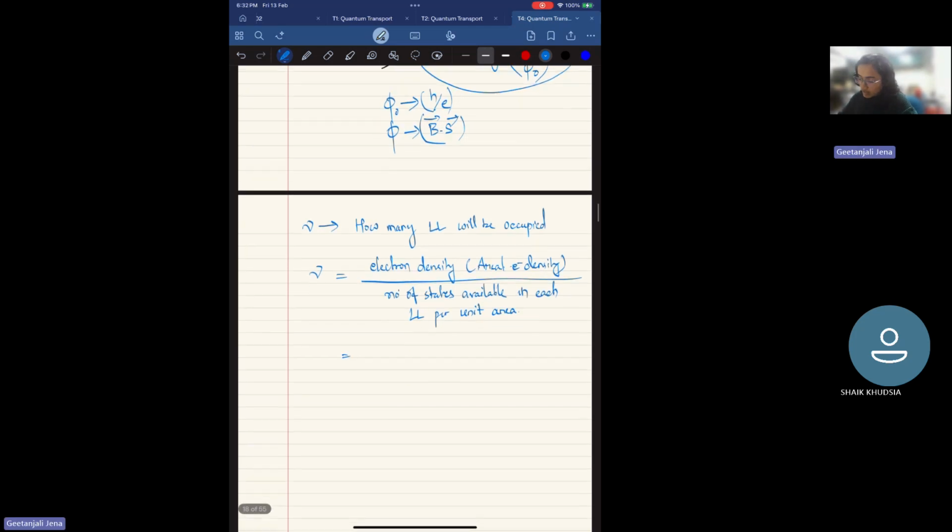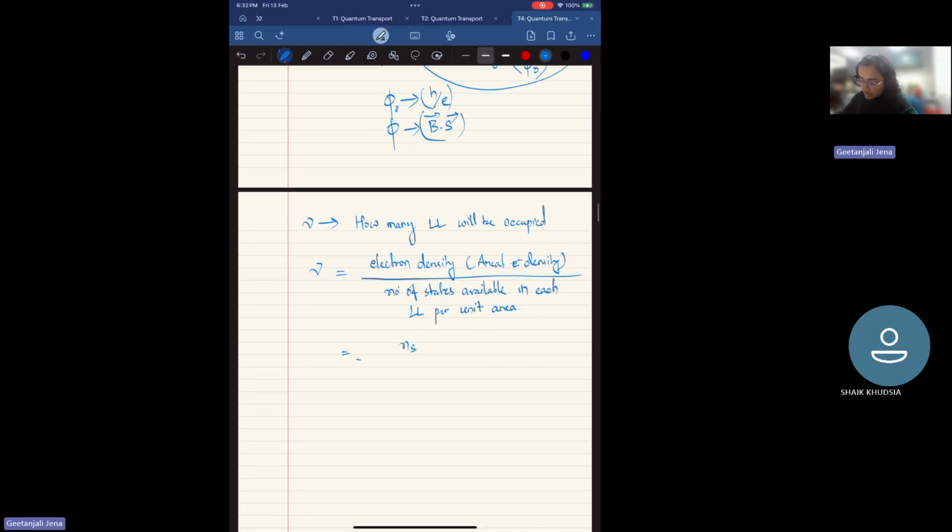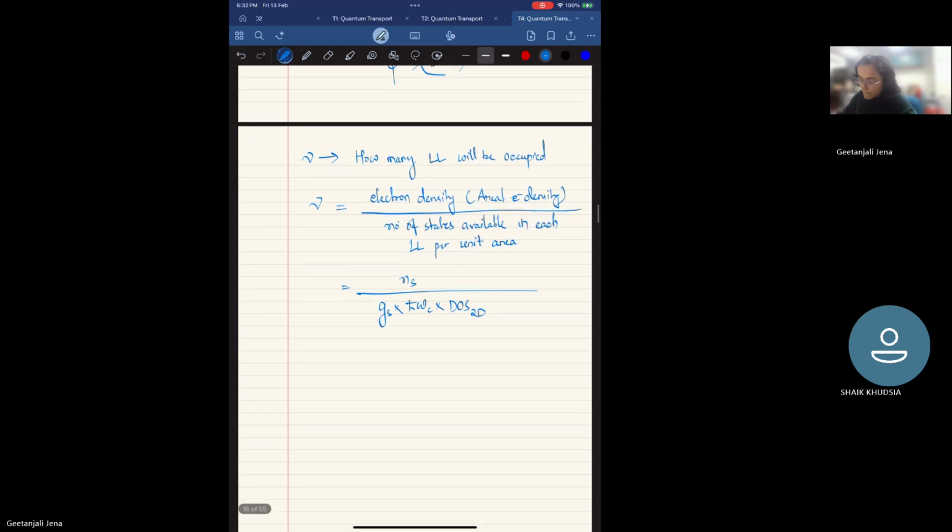So let us say the electron density is Ns, and the number of states in each Landau level is Gs times h-bar omega c times the density of states of the 2D system. For 2D, the density of states is m by 2 pi h-bar squared, times h-bar omega c.